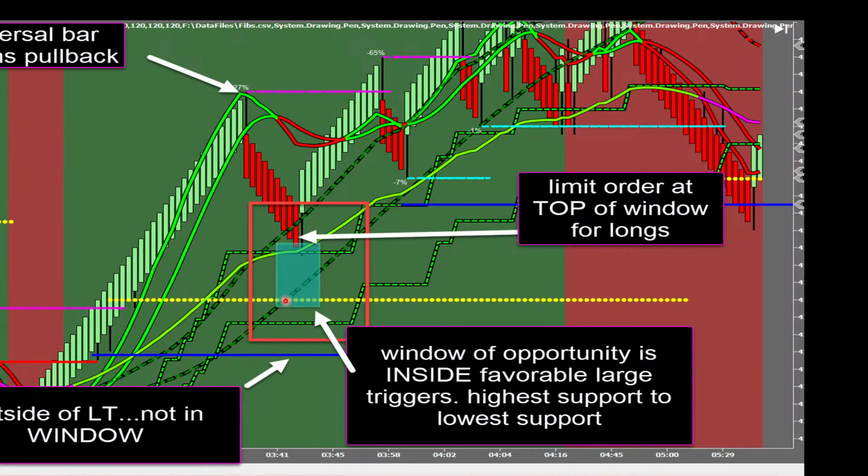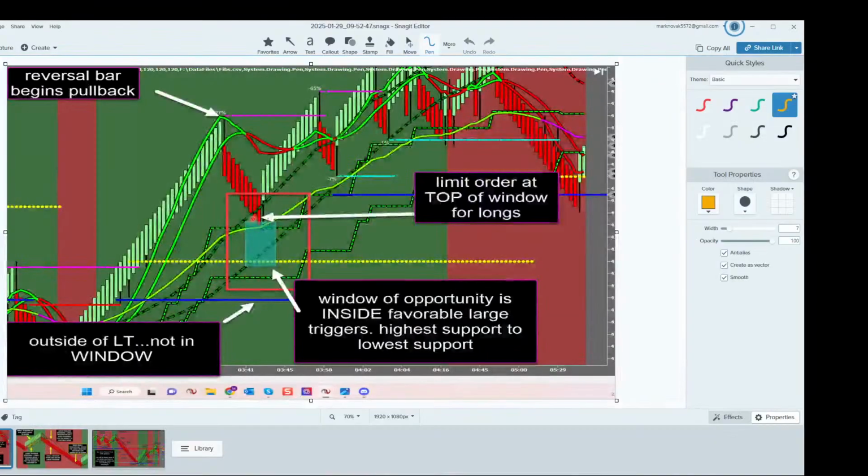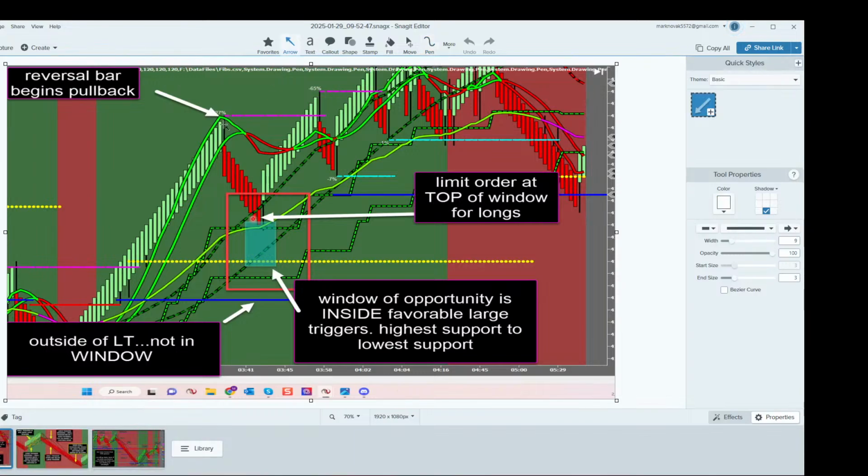But because we have momentum and clear path on the large chart, your job is to activate a limit order 2 ticks above that highest point of support. Trigger lines show me where the market may retrace. Areas inside of triggers show me where it's most likely to bounce.